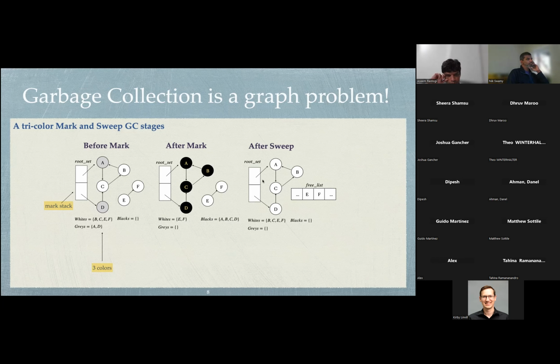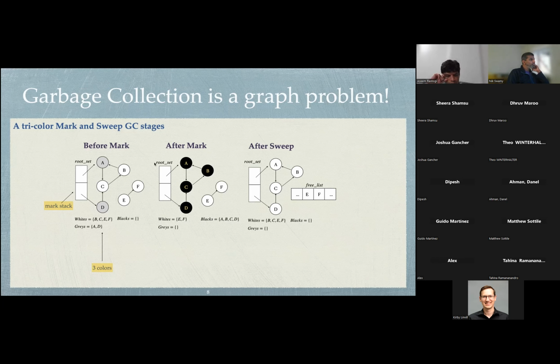The marking continues until the stack is empty. In the before-mark figure, the root sets are pointing to A and D, and whichever objects are pointed to by the root set will be gray.